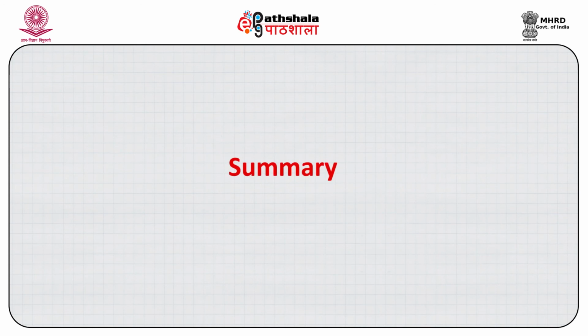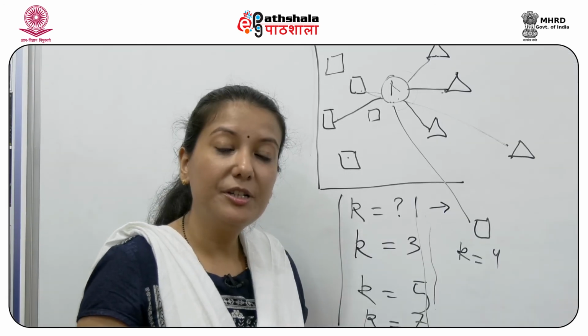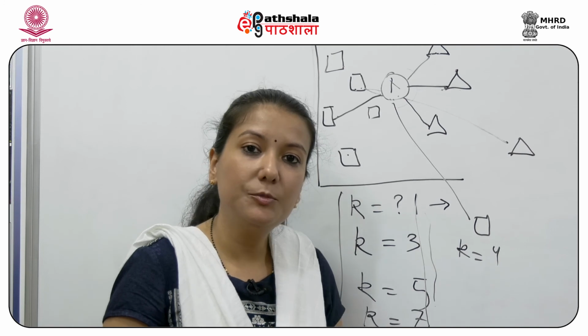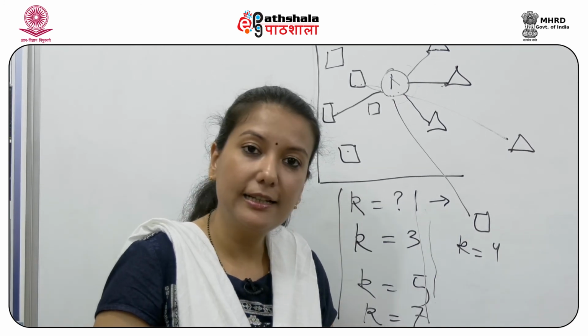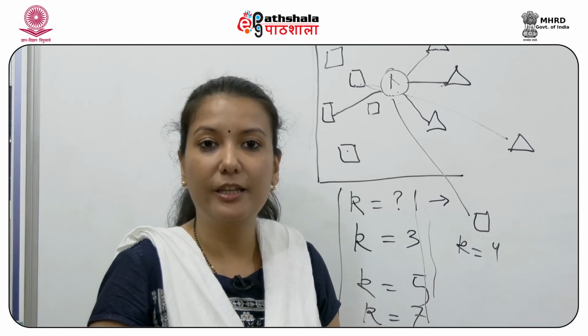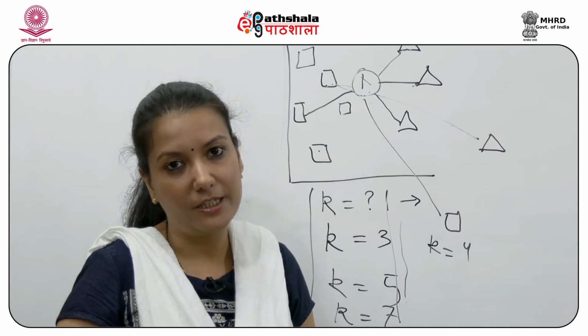In the end, I would like to summarize by saying that in this module we learned about 2 classification techniques, that are the hard classifiers, that is supervised classification and unsupervised classification.